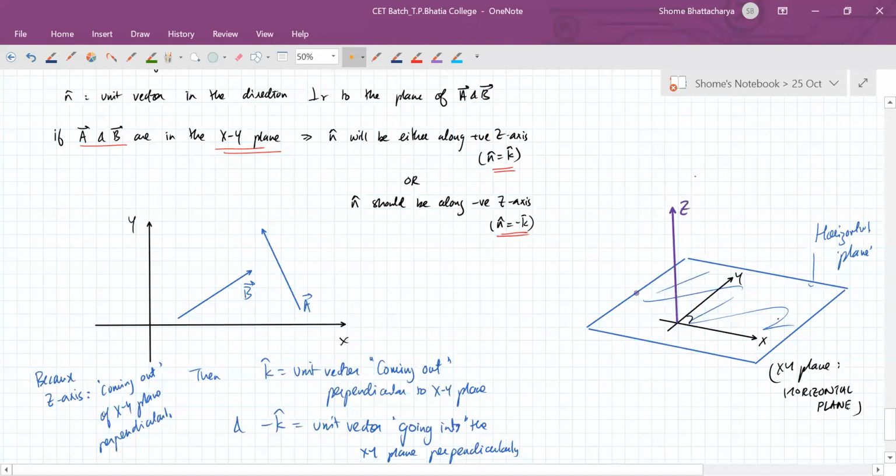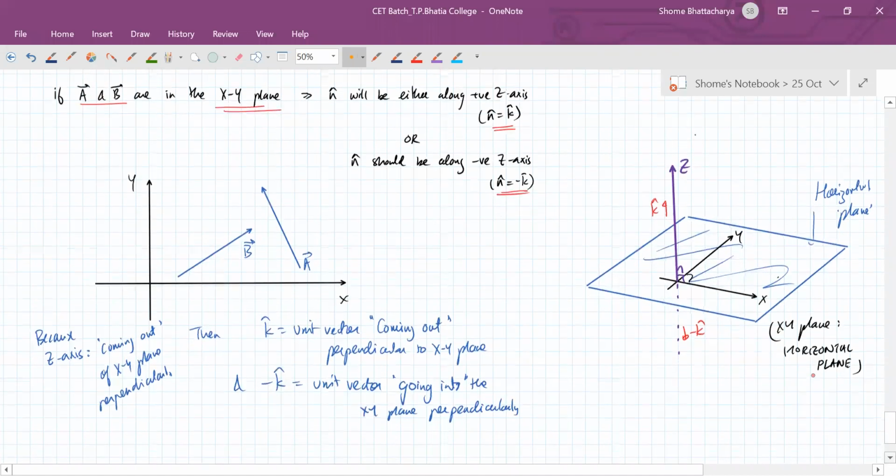So this is our z axis. So it will be perpendicular to both the x axis and the y axis. And negative z axis is going into the plane like this. So in this diagram, k cap will be like this, vertically upwards, and minus k cap will be like this.